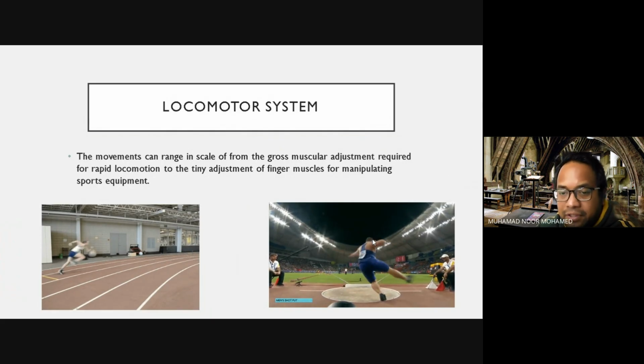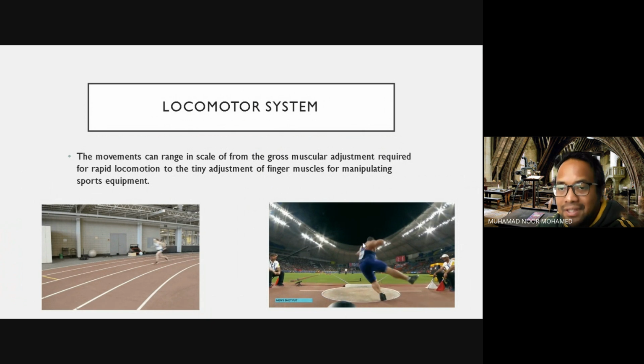The difference is that gross movement is started by large muscle groups, for example the abdominis, the quadriceps, and the hamstring. Throwing, however, requires control of much smaller muscles, which are our bicep, tricep, flexor, and extensor digitorum, in order to get a very clean and accurate release.